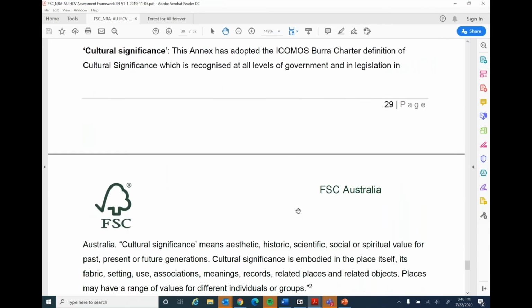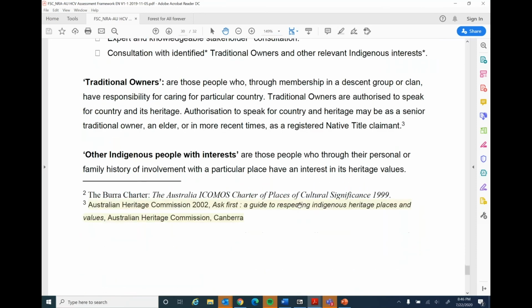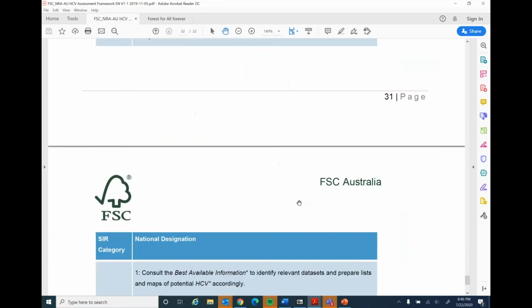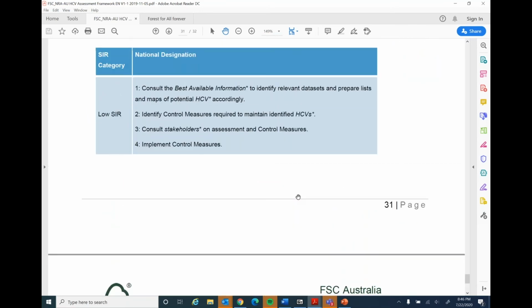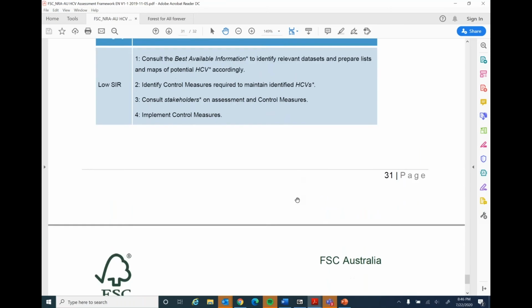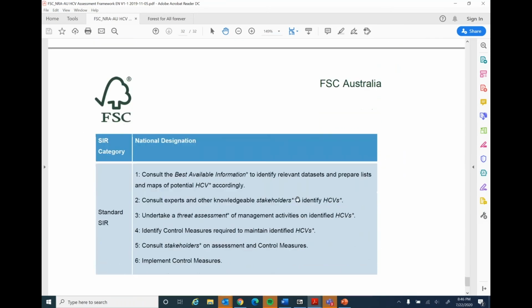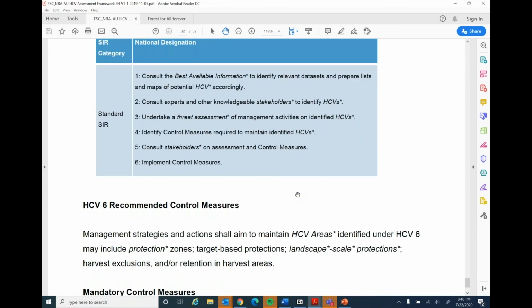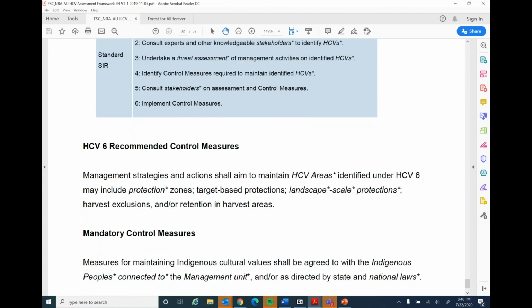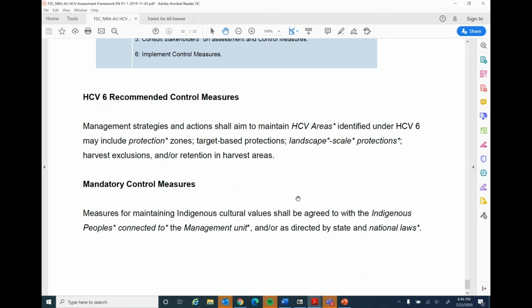And then definitions, best available information, and then again you have the assessment pathway split up into low SIR and standard scale intensity and risk. And then we get back to the recommended and the mandatory control measures.